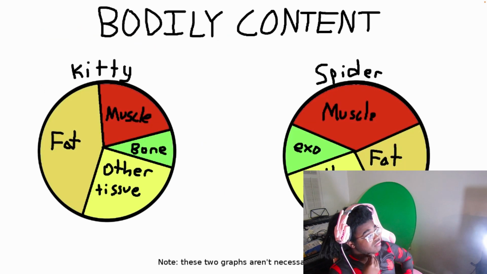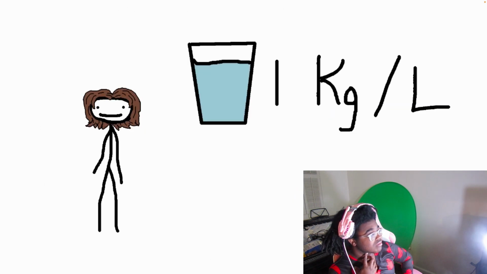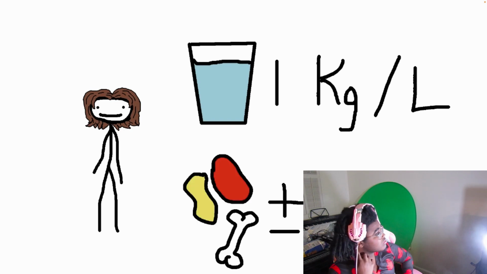Couple that with the fact that the ratio of fat, muscle, and bone or exoskeleton in all creatures is at least vaguely similar, and we can estimate the density of all animals to be around the same. Water is exactly 1 kilogram per liter, and then I'm throwing in a plus or minus 0.1 as a rounding error for the other material involved. As such, the values at play here are going to have two significant figures at most.